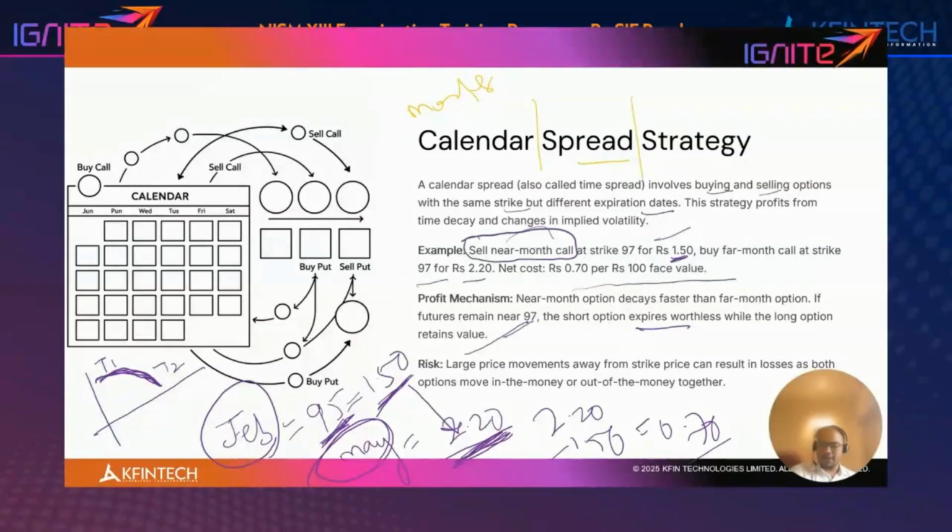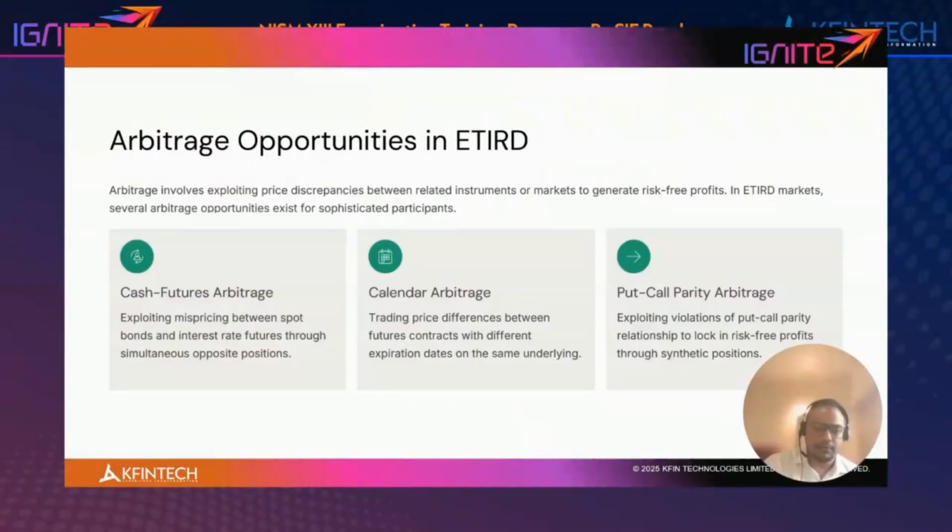That means there are fewer chances for the prices to go up because it's almost close to expiry. So this will anyways come to you because the buyer will not exercise and this will become worthless. So you keep the premium, and here you're paying the premium. Here you have to pay 2.20 and you're getting 1.50. So your net premium is 0.70. So that is the calendar spread.